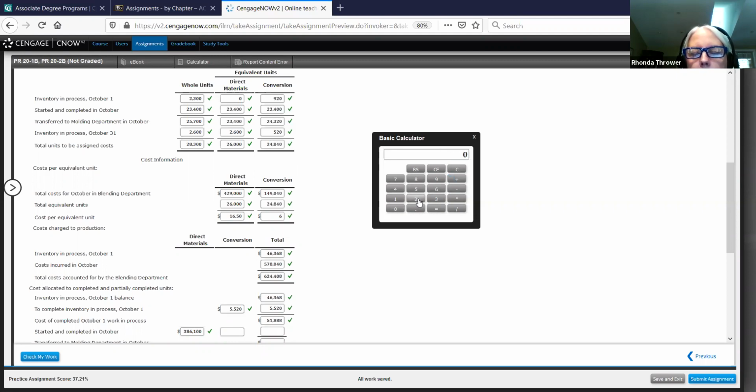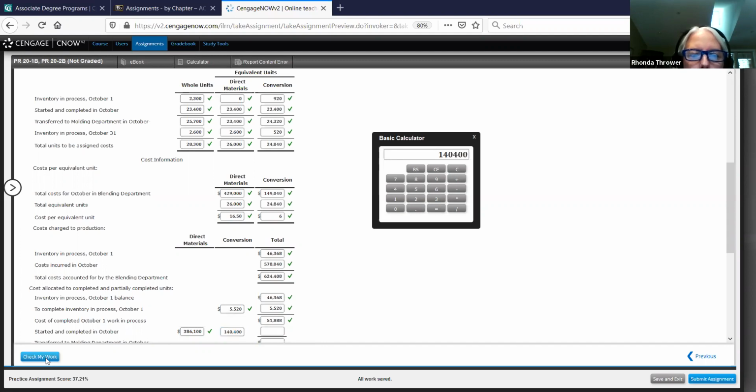So 23,400 equivalent units of conversion of started and completed times $6 equals 140,400 of my conversion cost for my started and completed units.